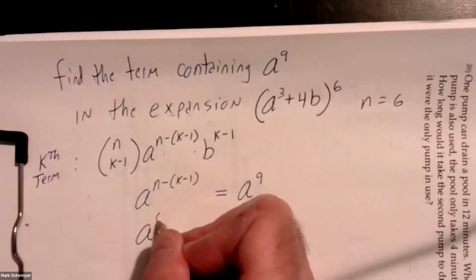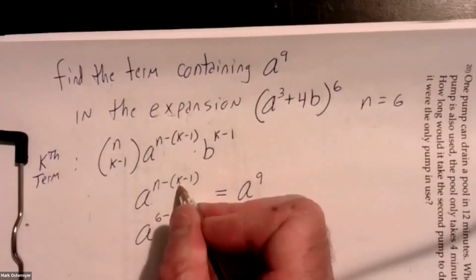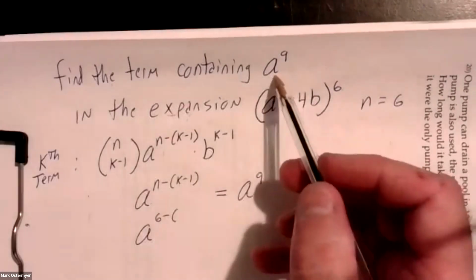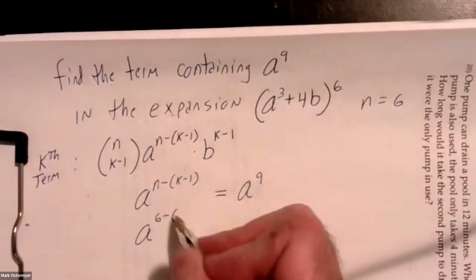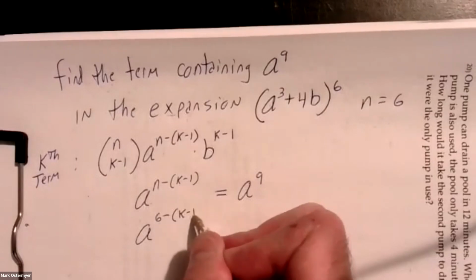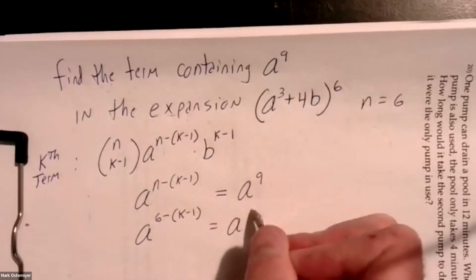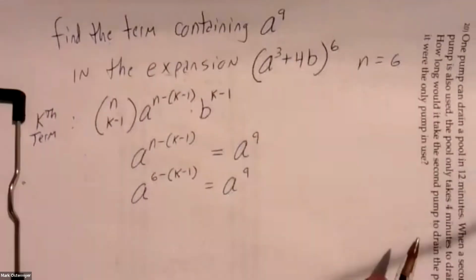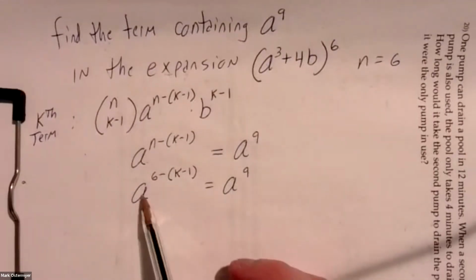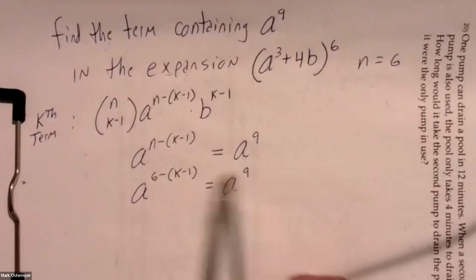So we have a raised to the 6 minus, do we know what k is? Do we know what term contains a to the 9th? We don't know what term that is. So k remains as k. We're going to have to solve this equation for k. And since we have the equivalence between like bases here, we can equate the exponents.